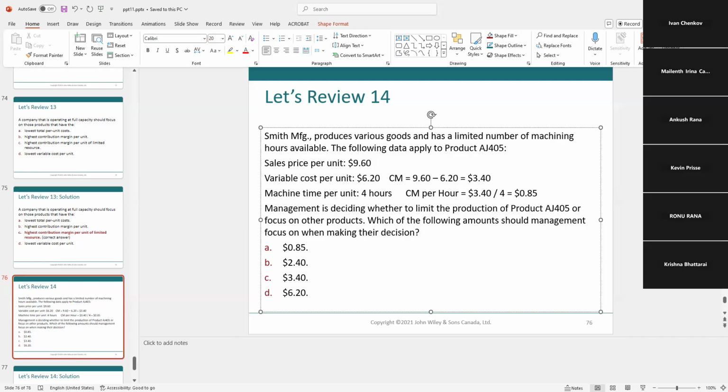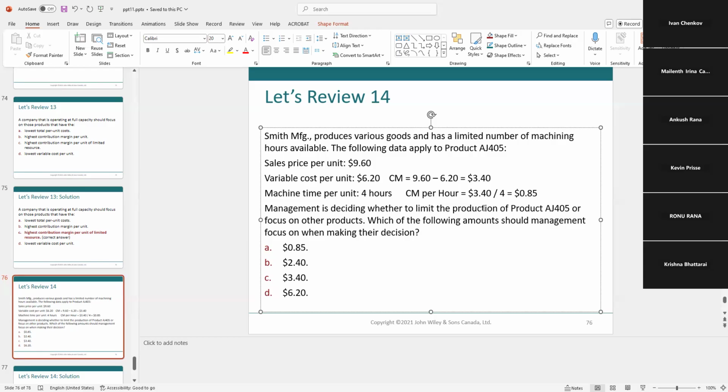So on which number should the management focus? On 3.40 or 0.85? 0.85. Why? Because we are assuming that time is our constraint when it comes to the limited production. Make sense?